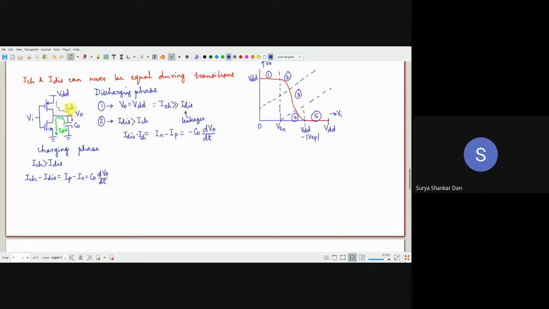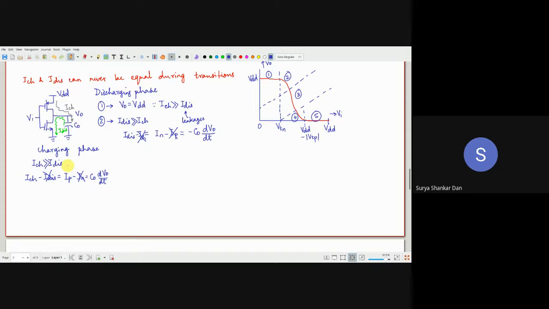Okay, so as I'm saying, I charge is greater than I discharge, and the approximation that we have taken for all this analysis is that it is much larger. It is so much larger that we can ignore this. Similarly, over here, we can ignore this. Now it becomes a matter of whether IP will be the saturation current or the linear current. That's why we calculated the linear-saturation boundary and all those things. You know the story.